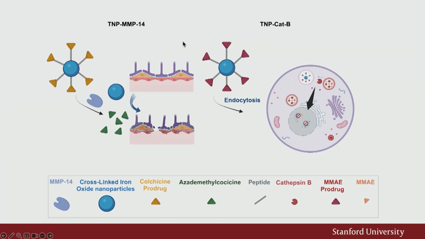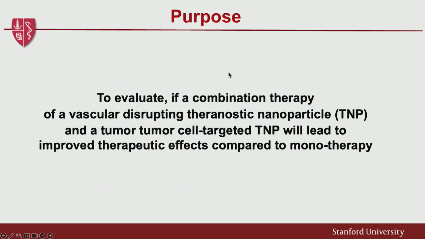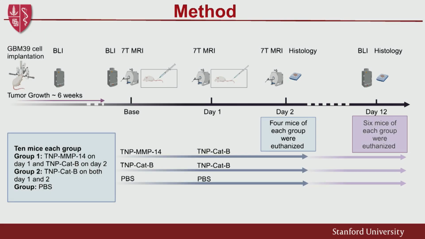Both of these TMPs contain iron oxide for diagnostic purposes, which acts as a contrast for MRI and enables real-time monitoring of drug delivery. Our purpose is to show whether combination therapy of vascular disrupting theranostic nanoparticles plus tumor targeted theranostic nanoparticles is more effective than monotherapy with tumor targeted theranostic nanoparticles.